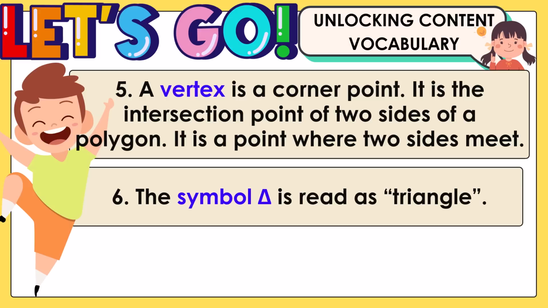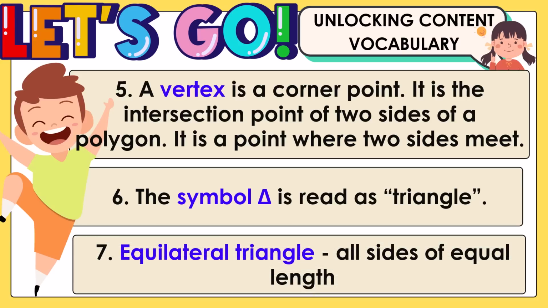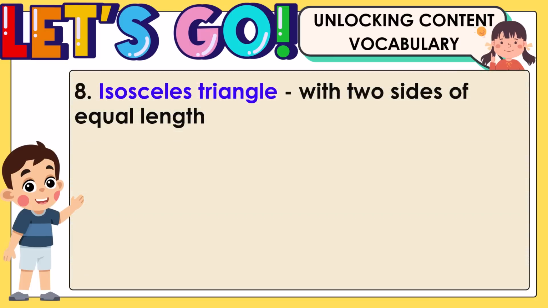The symbol triangle is read as triangle. Number 7, equilateral triangle, all sides of equal length. Number 8, isosceles triangle with two sides of equal length.